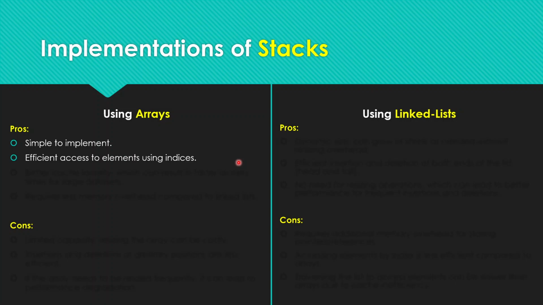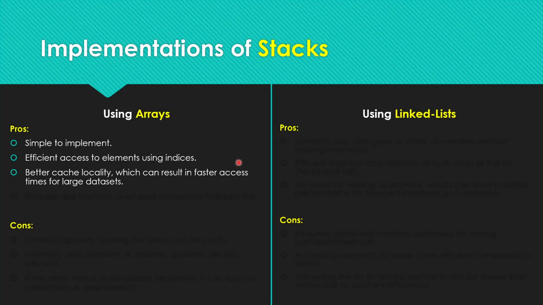It's also efficient because you can access elements just using the index of that particular element on the top of the array. But for linked lists, sometimes we know that that is not possible. We also have better cache locality.